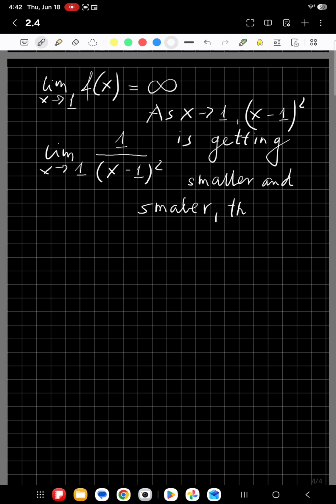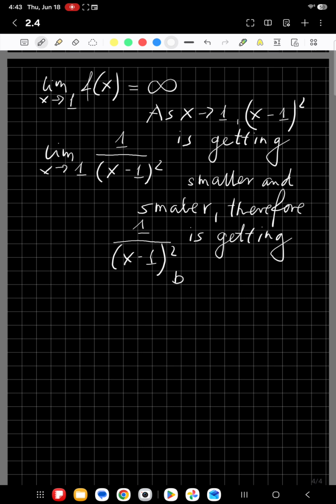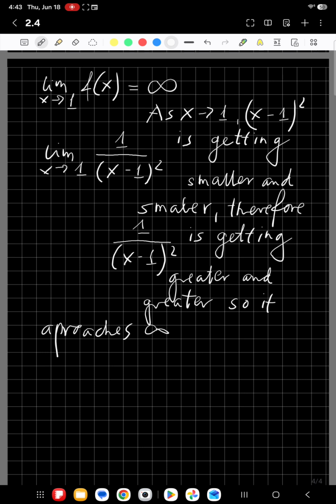Therefore, we could write that 1 over x minus 1 squared is getting greater and greater, bigger is just a little weird. So it approaches infinity.